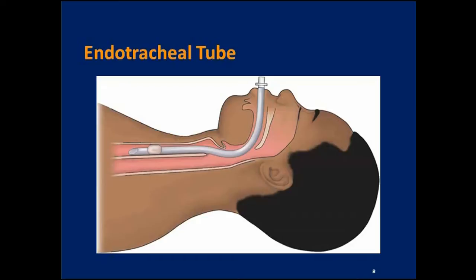And of course, if the patient can't maintain their own airway and we can't get another tube in, then that would lead to decreased oxygenation. It can lead to hypoxia, and that can eventually cause the patient to deteriorate.